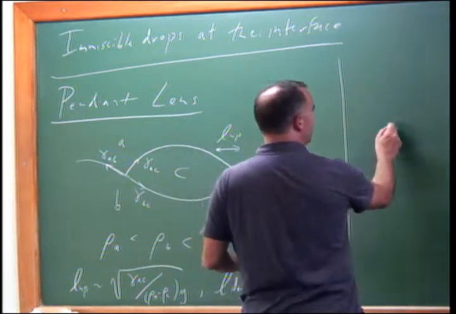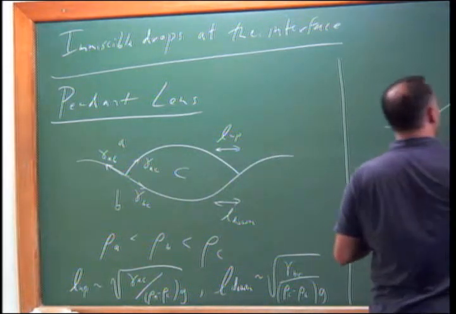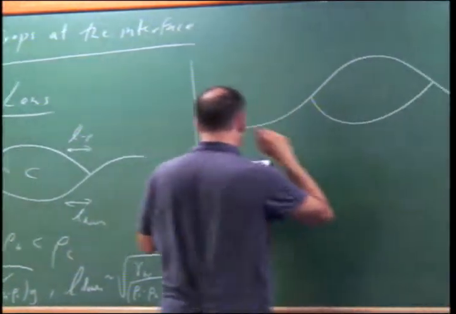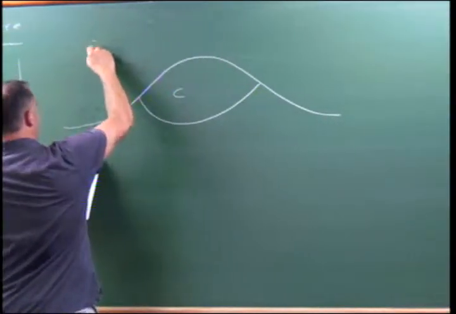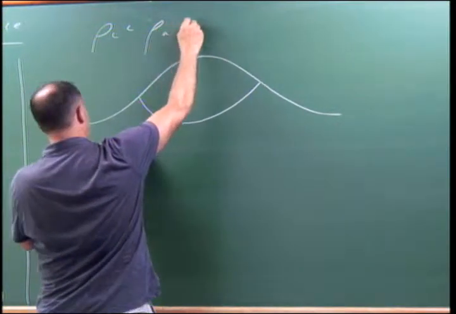Similarly, we can trap something which is light at an interface. So here, the lightest thing around is the third phase.